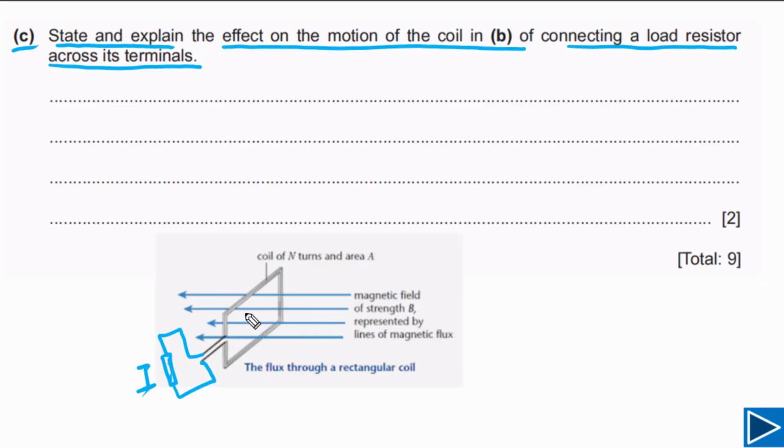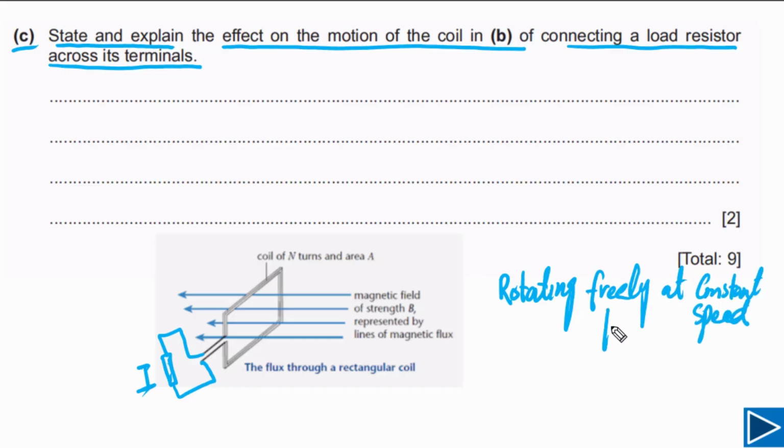So the mechanical energy of the coil will be converted into electrical, and electrical finally will be converted into thermal energy. When all the mechanical energy has been converted into thermal energy, this coil will finally stop. Because in this question it was given to us that the coil is rotating freely at constant speed.